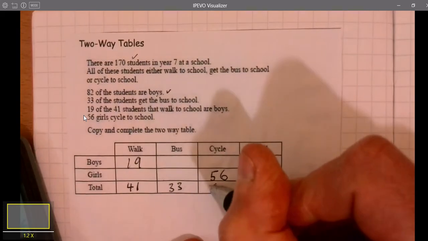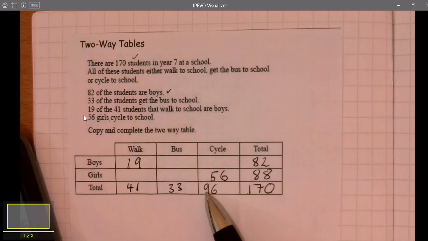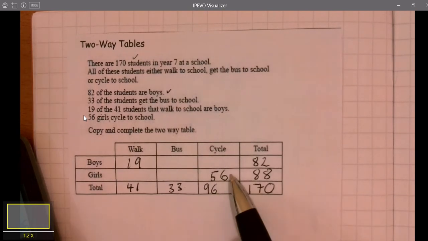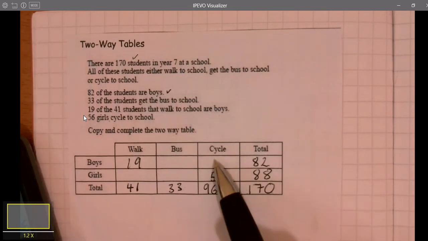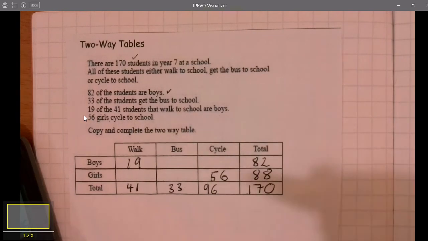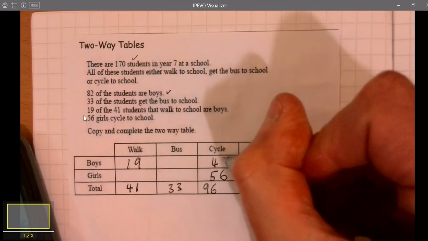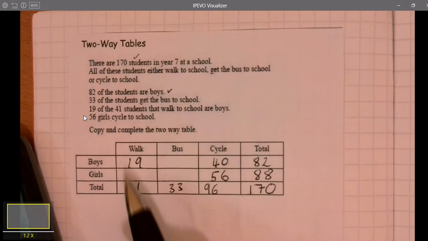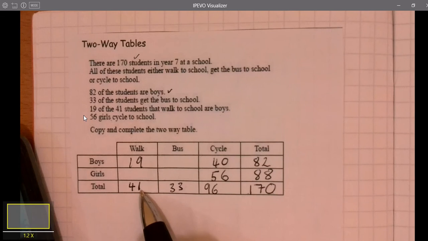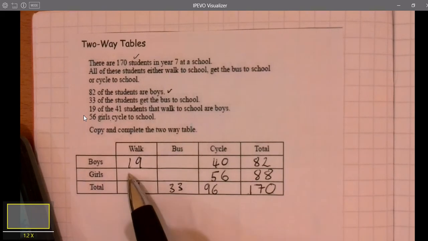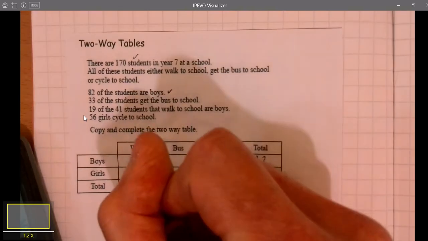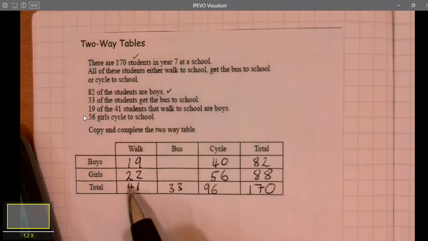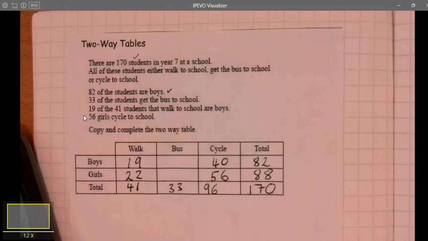So 96 students cycle to school, 56 are girls, so therefore 40 boys cycle. I've got 19 boys walk, 41 altogether, so that number in there has to be 22. 41 take away 19 is 22.